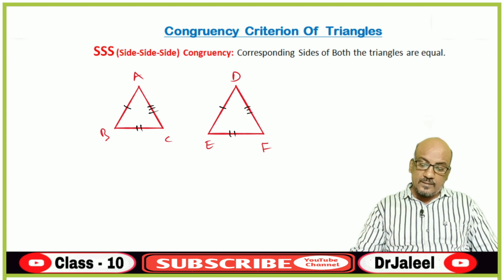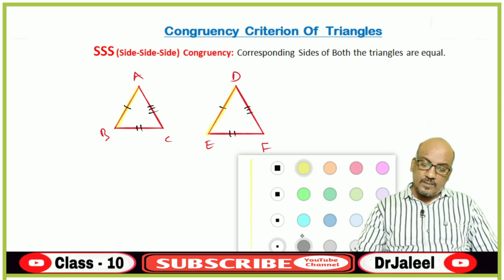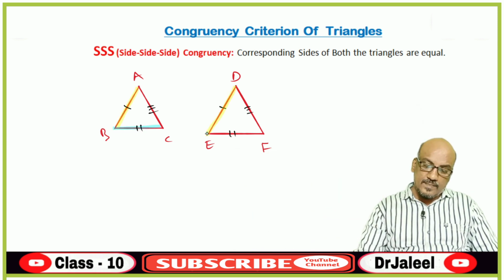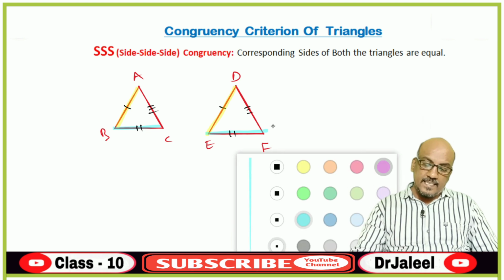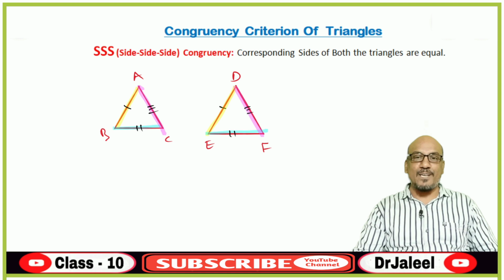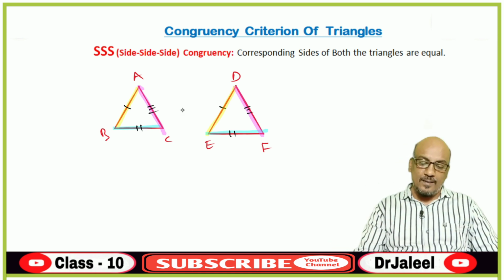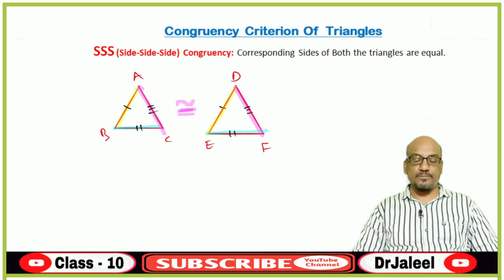Three sides are equal. Side is equal to side, side is equal to side, side is equal to side. When three sides of one triangle are equal to the corresponding three sides of another triangle, then they both are called congruent.